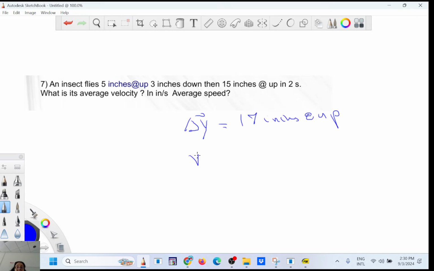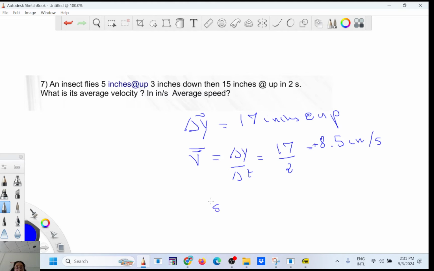So the average velocity, by definition, is going to be the displacement over the time elapsed. So it's going to be 17 divided by 2. Is that right? So that's 8.5 inches per second, and it's plus.